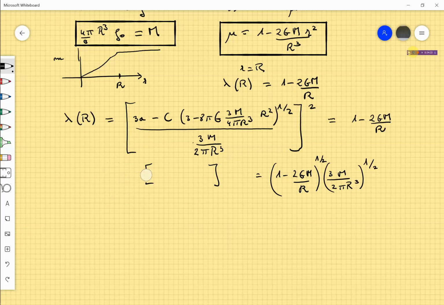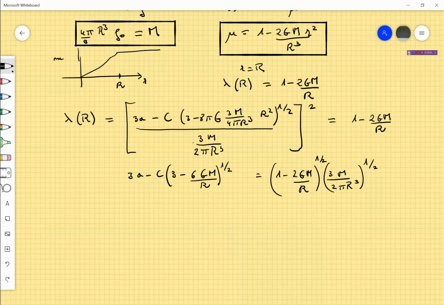and we now take the square root of these two sides. So we have here 3a minus c, and 3 minus, there is another 3 times 2a, so it gives me 6GM divided by R, to the power 1/2.